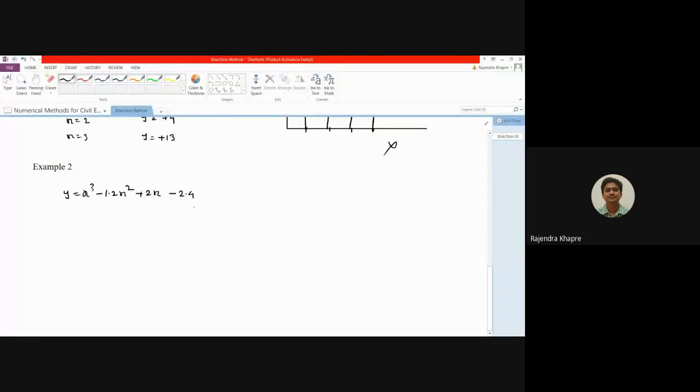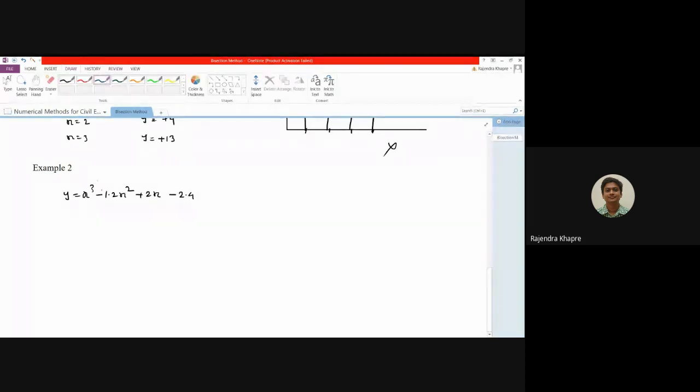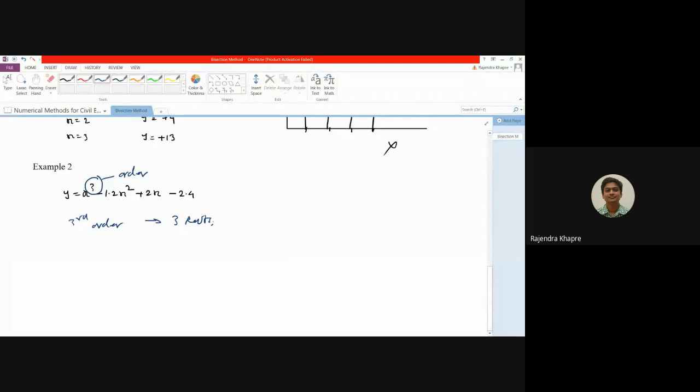So this is the equation. Now we need to find out the root of this equation. If you observe carefully, this is of order 3. Since it is of third order, how many roots will it have? 3 roots. So we need to find at least one root from this.